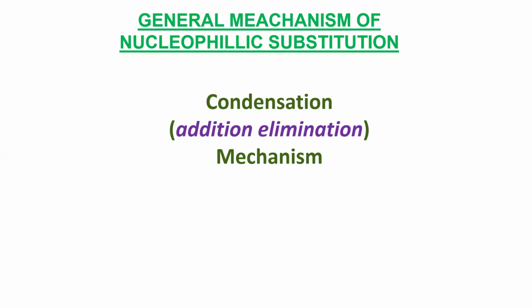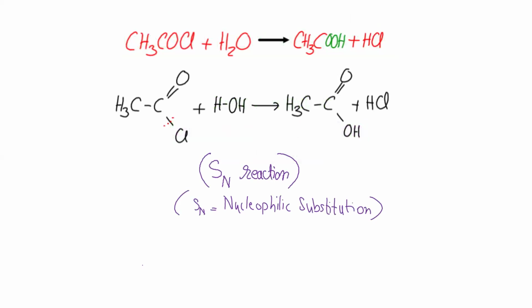You were explaining how it is substitution. The electrons go to Cl, and then the OH minus, the nucleophile, attacks the carbon.